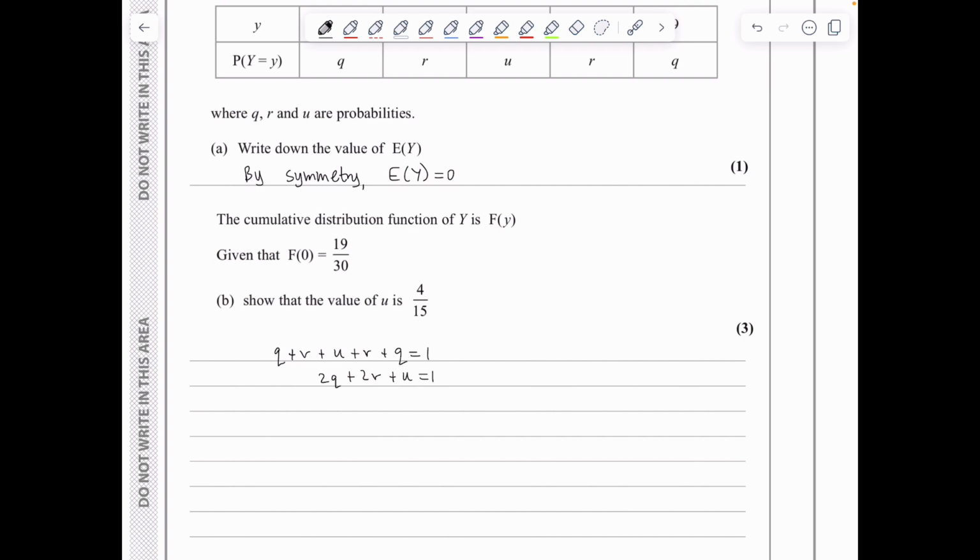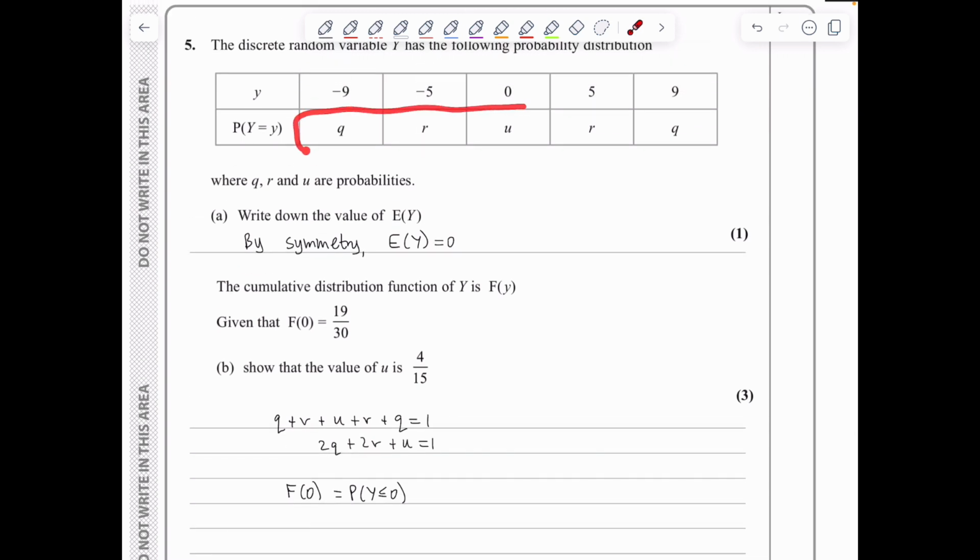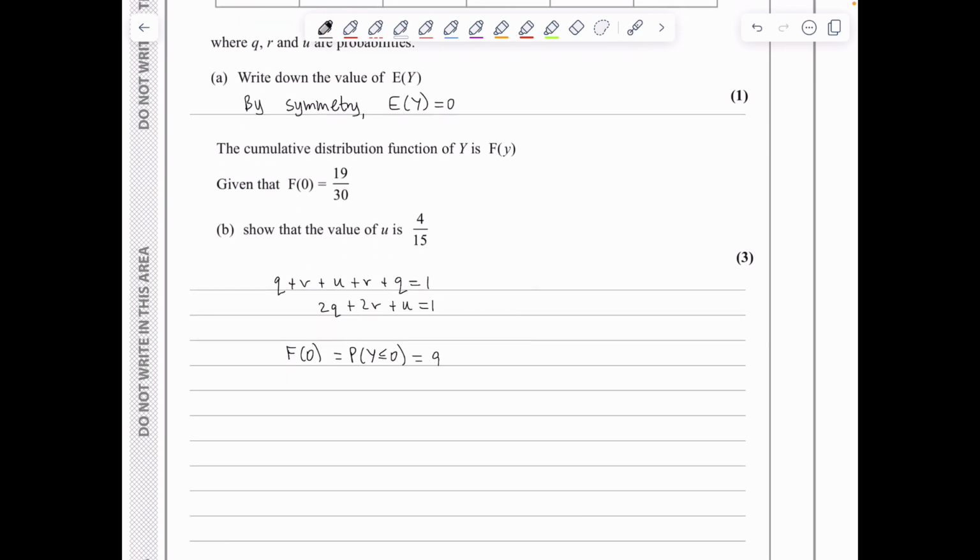Now capital F of 0, the cumulative distribution function, is simply the probability of y less than or equal to 0. So if y is less than or equal to 0, then it could be -9, -5, or 0. So this is q plus r plus u, which is given to be 19 over 30.